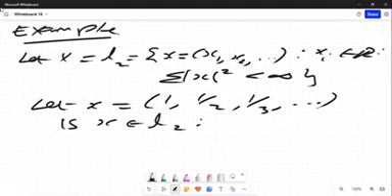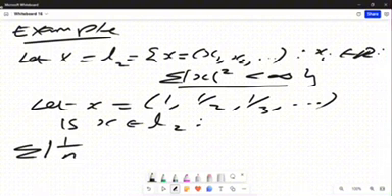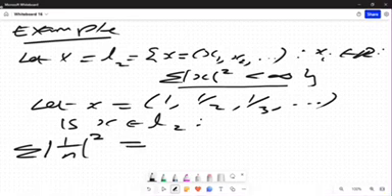Well, if it's going to be in L2, this must be satisfied. So if you now do the summation, this candidate is 1 over n, and an object in L2 is taken to power 2. So this becomes the summation of 1 over n squared.